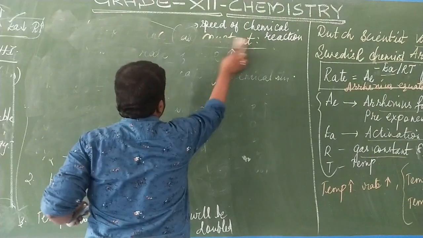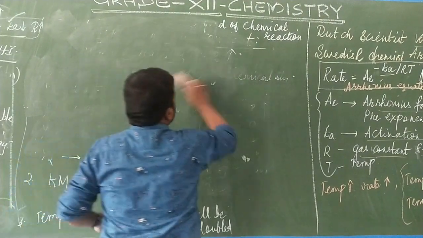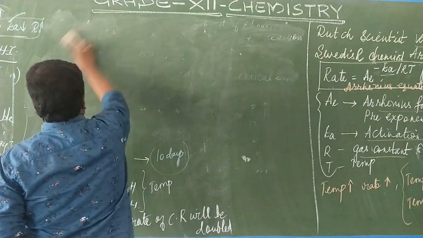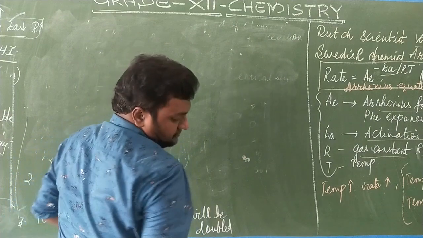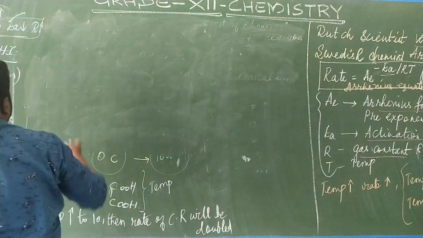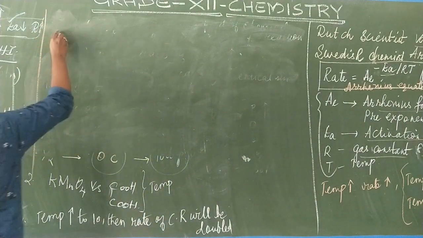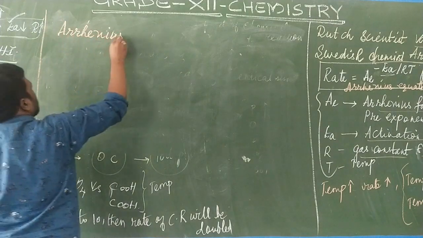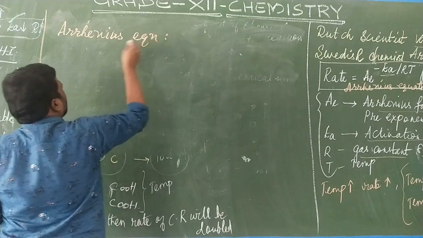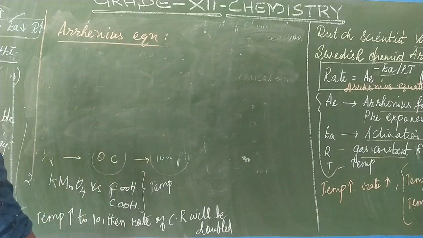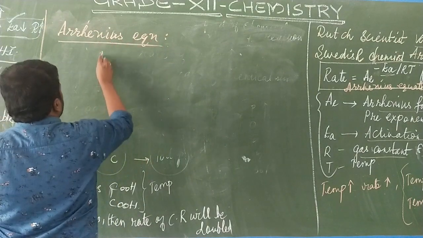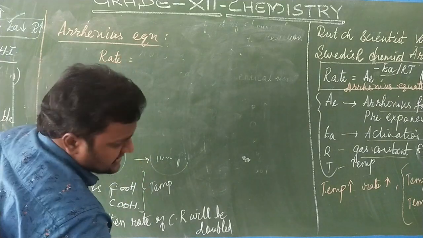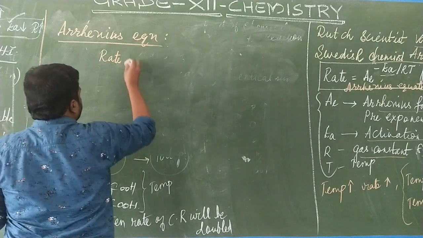We go to the derivation part, Arrhenius equation. What is that Arrhenius equation? Rate, rate ன்னு எழுதலாம், or otherwise I can write it as what? K கூட எழுதலாம் இல்லையா?